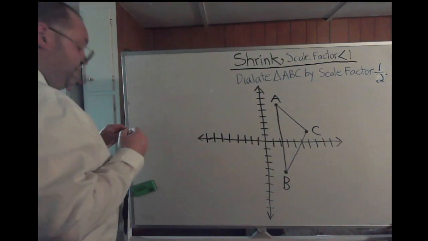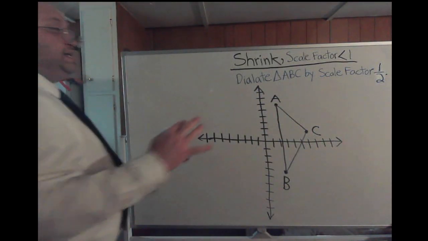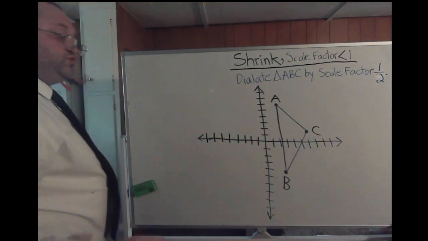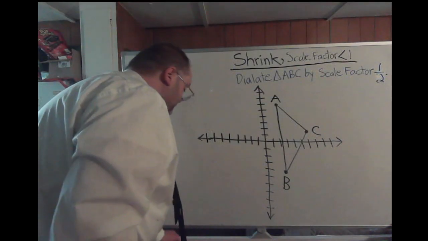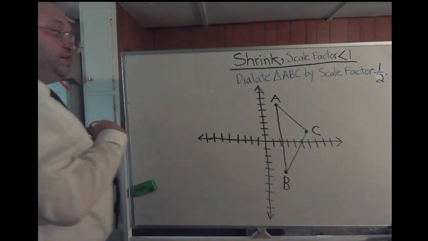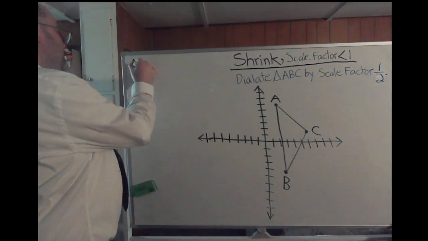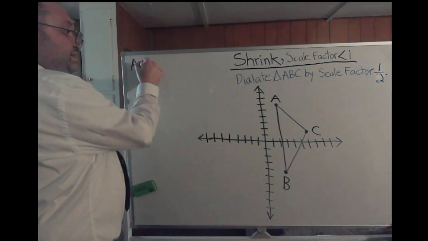All right, so we have, again, triangle ABC. We're going to dilate this by a factor of 1/2, which means we're actually going to shrink it to half of its size. So first, before we do any transformations, let's list the original coordinates.